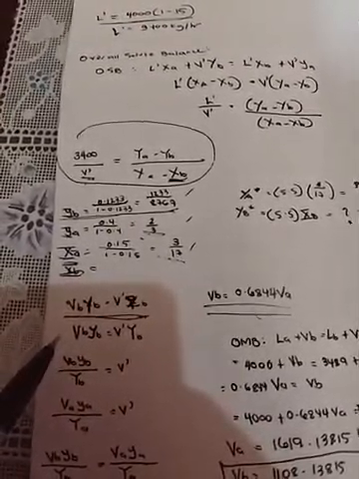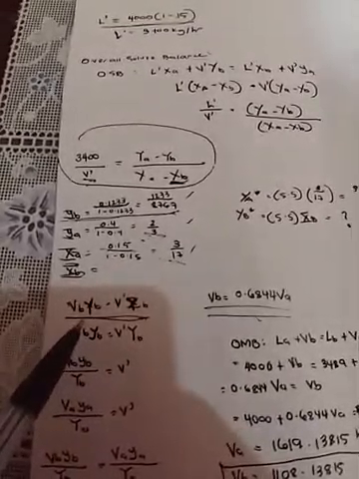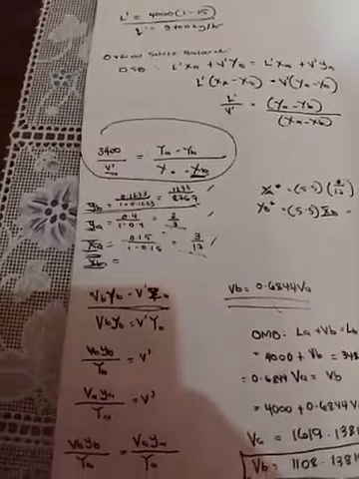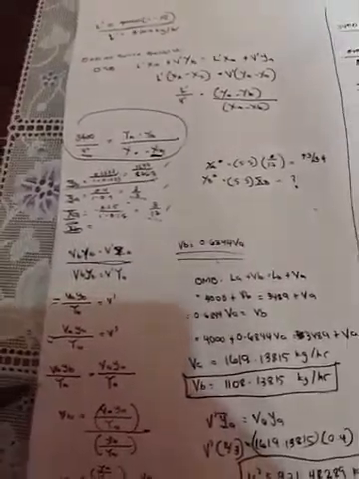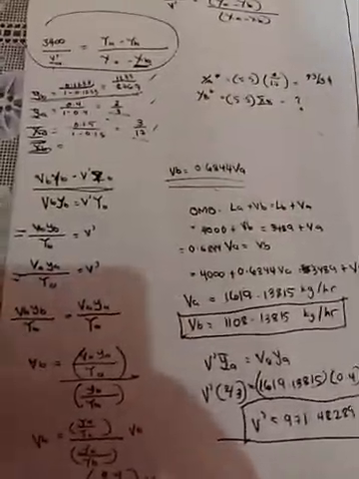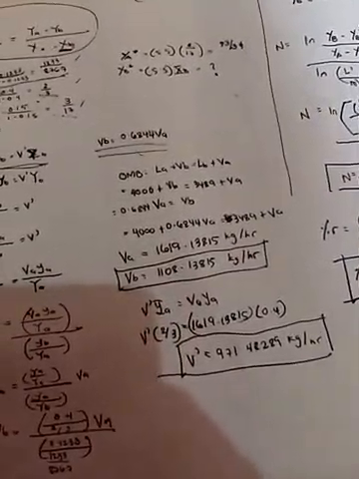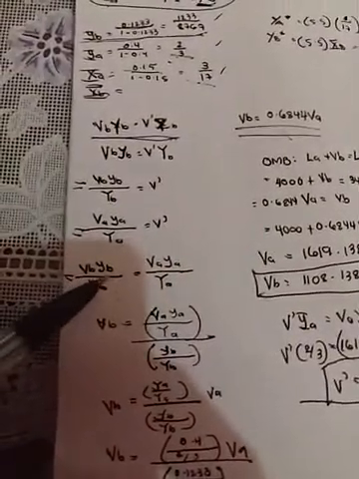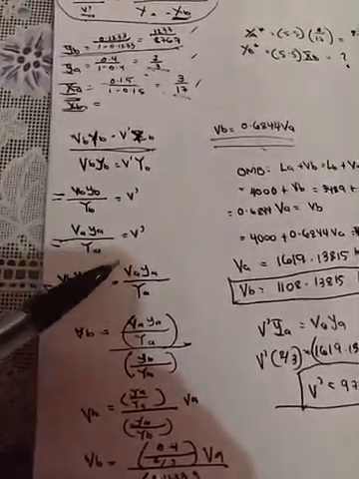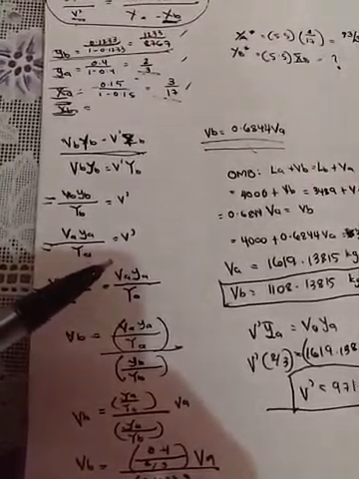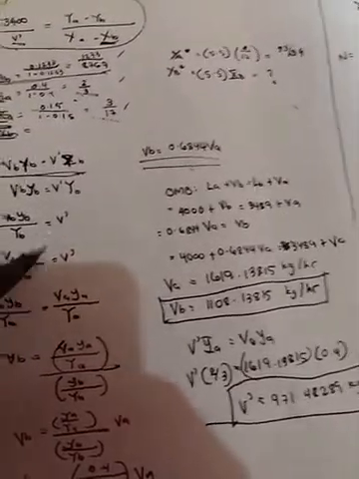So VB times small yb is equal to V prime times capital YB. Also, VA times small ya is equal to V prime times capital YA. By separating V prime and equating, we get VB times small yb over capital YB is equal to VA times small ya over capital YA. How did we get that?